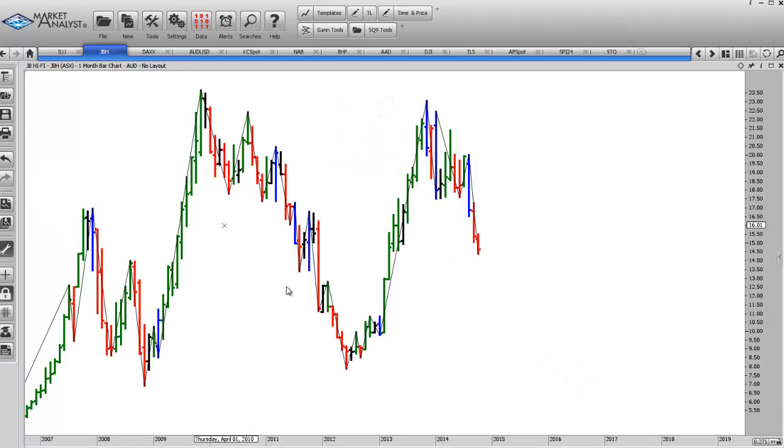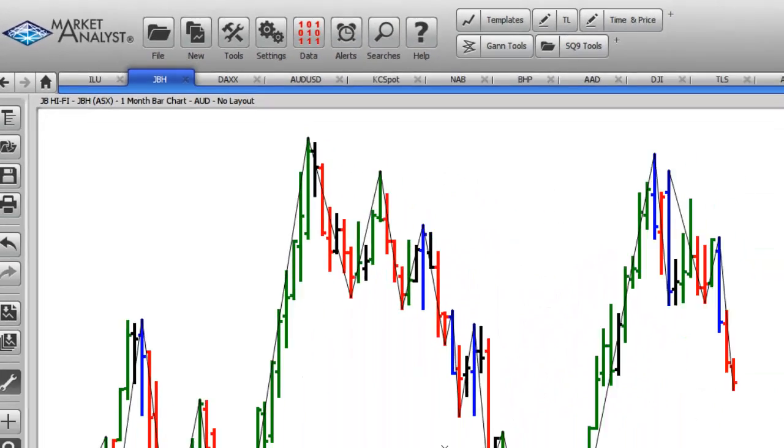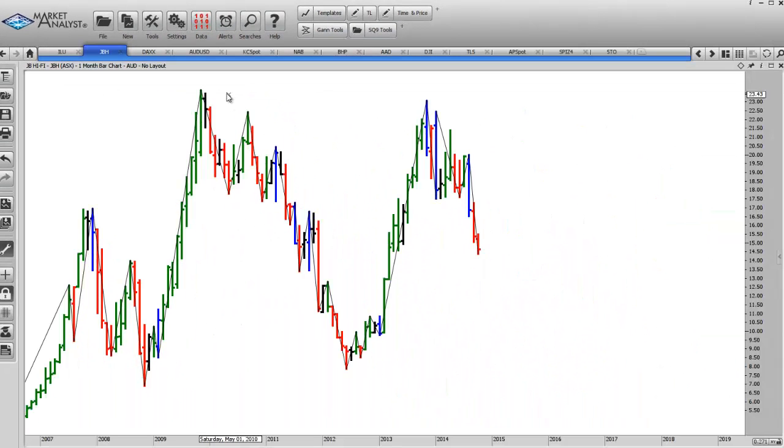Here's another example. This is JB Hi-Fi, a major retailer in my home country, and this is a monthly chart. Now when we look at a monthly chart, what you'll see through here again, major peak formed December 2009, a next lower top formed September 2010, a third lower top, lower bottom swing here March 2011.